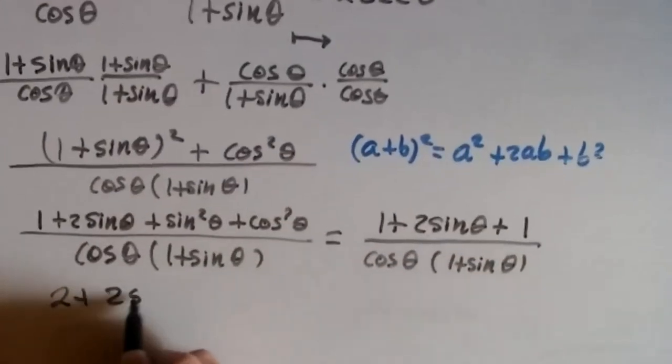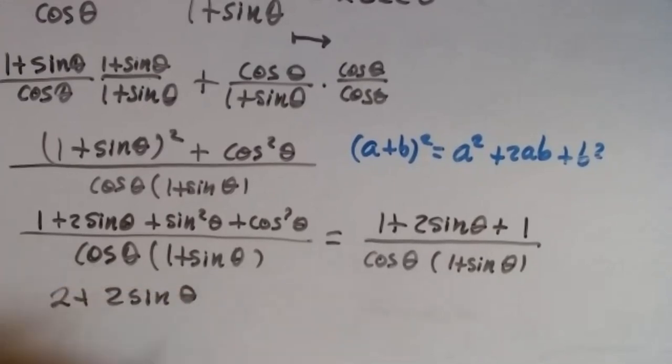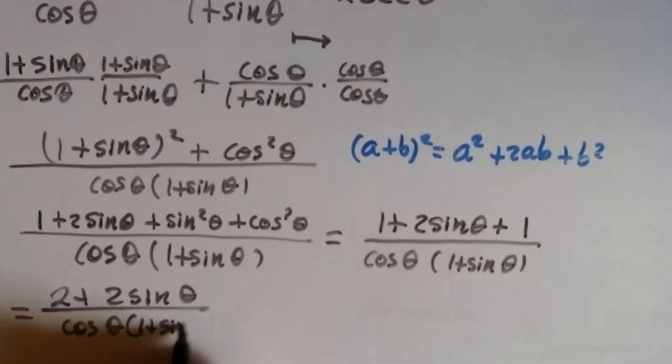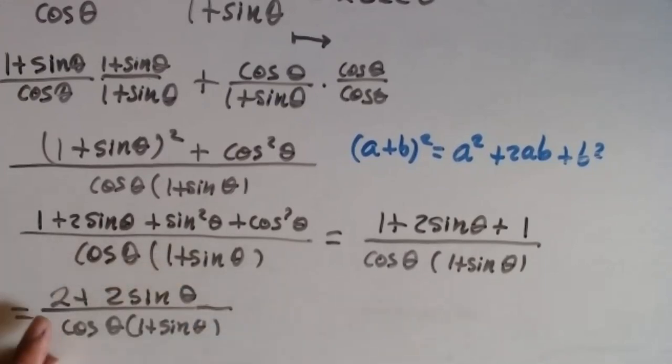2 plus 2 sine theta over cosine theta, 1 plus sine theta. Correct? Okay, now you see here a 2 is a common factor.